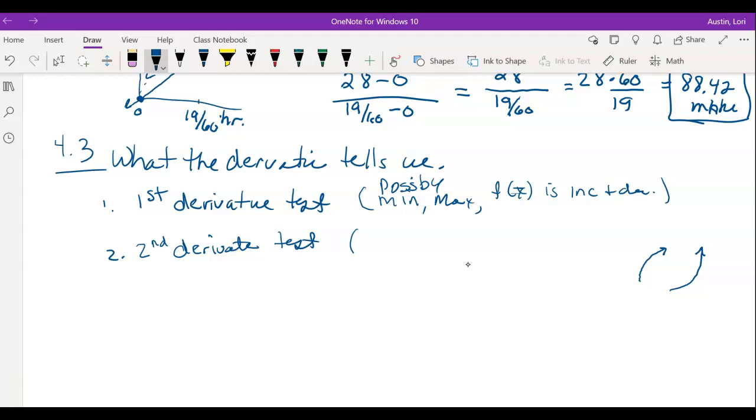So there's a word for this. If you think about something holding water, this can't hold water, this can hold water, right? Okay, there's a name for this. Concavity. This will give you important information. The second derivative gives you important information of when your function is concave up and when it is concave down.